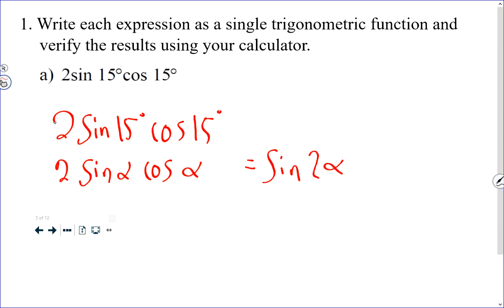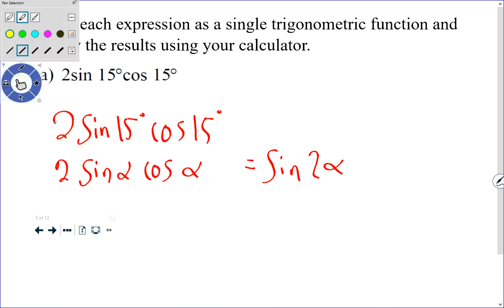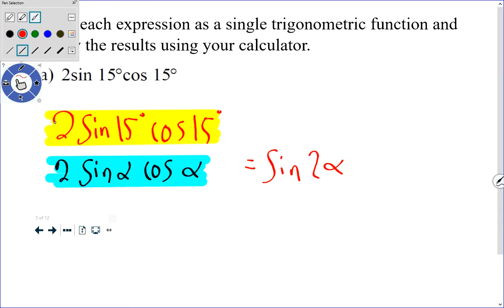So when we compare the question to the identity, it becomes fairly obvious that what's going on here is alpha is 15 degrees.